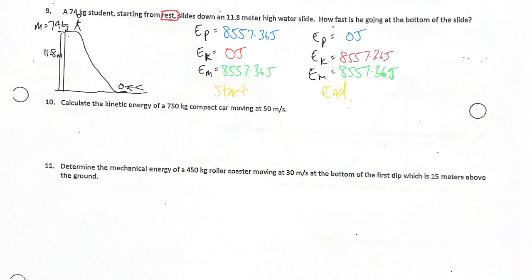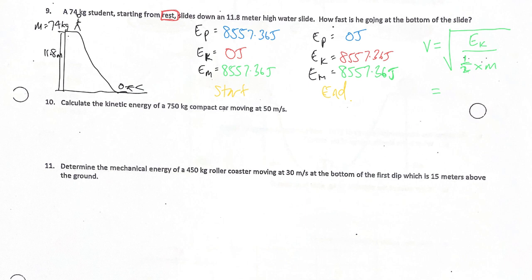So now we need to work out how fast he is going. To work that out, we can use the equation V is equal to the square root of EK over half times M, which is just a different version of 2EK over M. So if I do that, I do EK, 8557.36, divided by bracket, half times his mass.